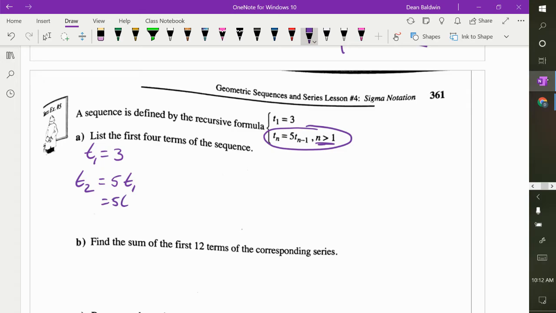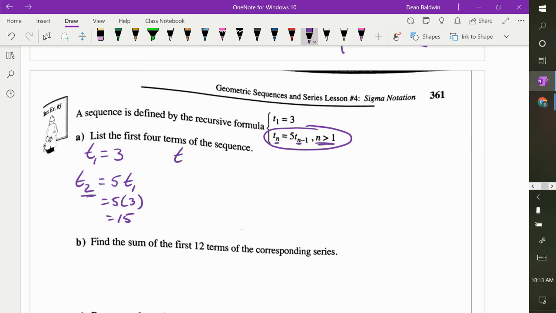So it's 5 times 3. So the second term is 15. Does that make sense? All you do is put your n value into there. We're going to do the next one.